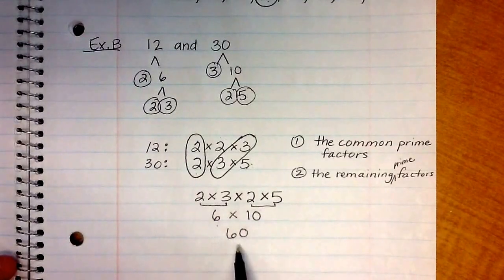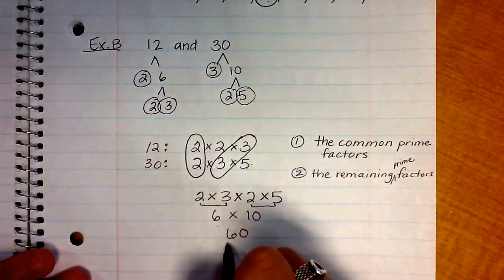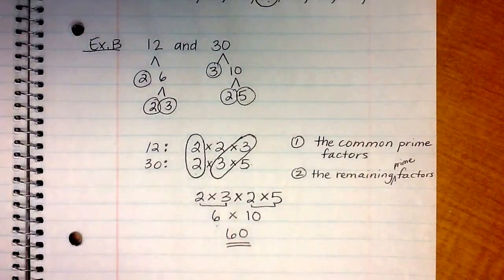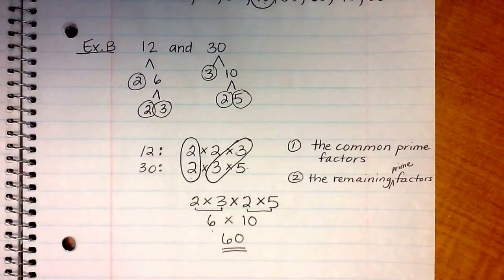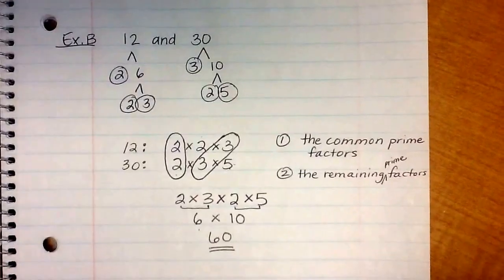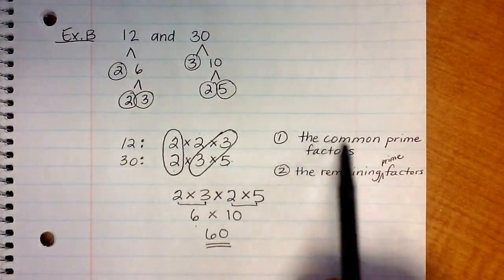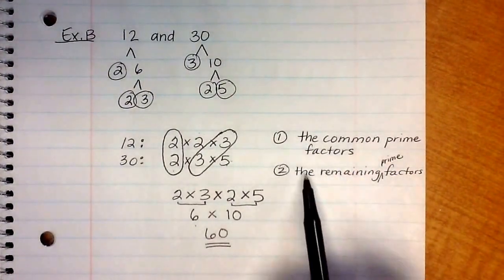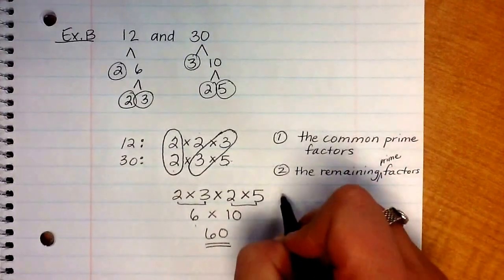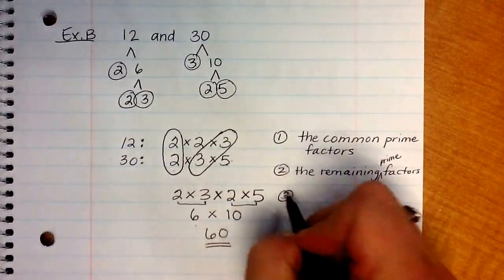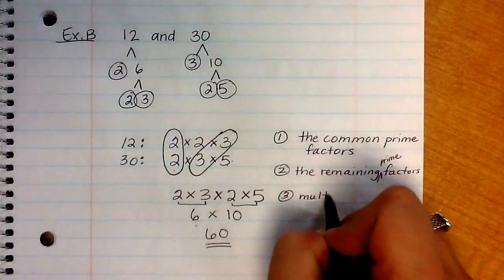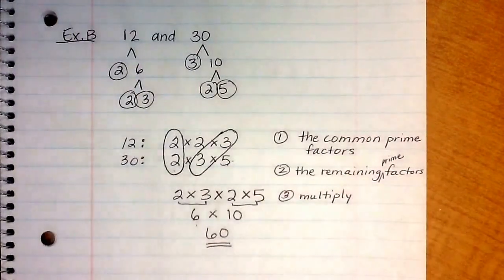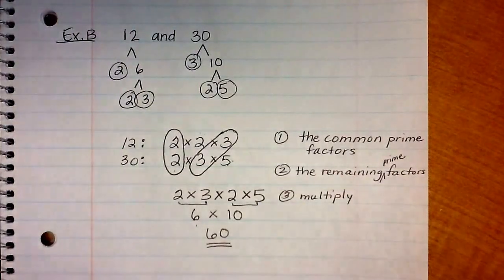Multiply them all out until you get the larger number. That's your least common multiple. So you have the common prime factors and the remaining prime factors, and then you're going to multiply them to find the least common multiple.